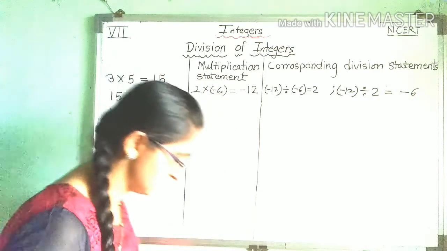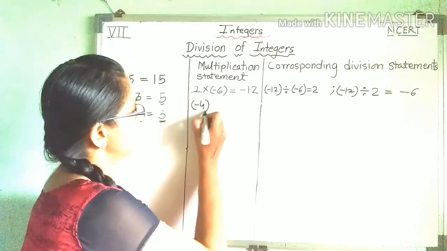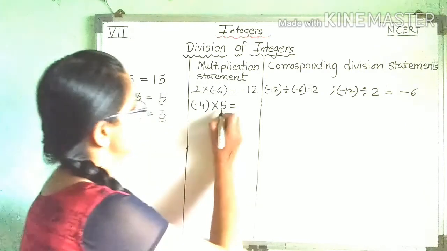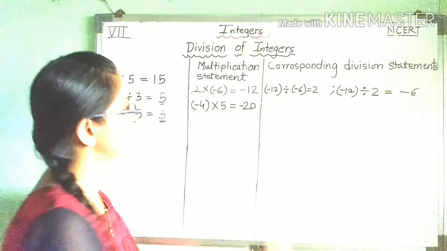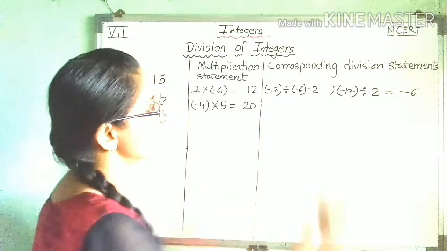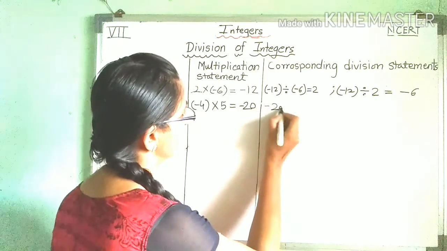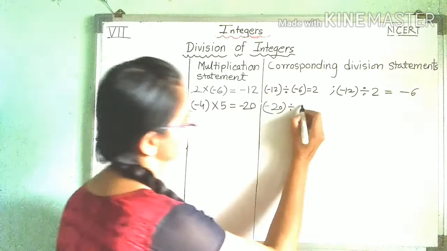So next is minus 4 into 5. Minus 4 into 5. So the answer is minus 20. This is the multiplication statement. The corresponding division statement is minus 20 divided by 5.